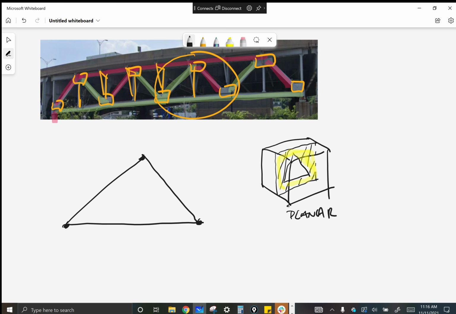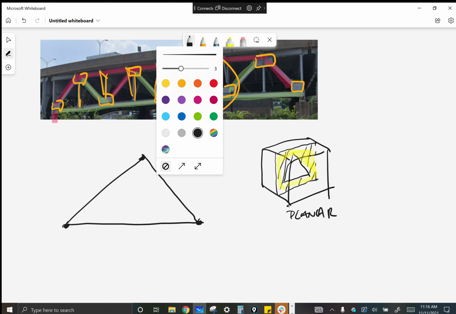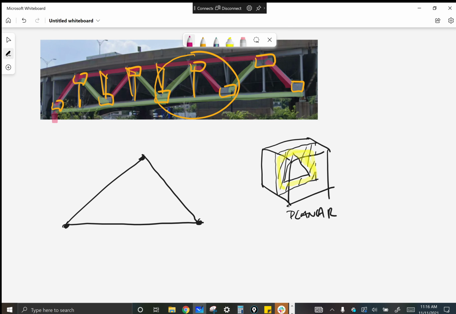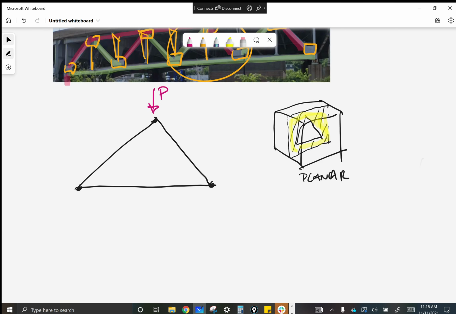Why do we do that? Why do we say it needs to be in a plane? Because if we can tell ourselves that we're going to constrain our geometry to a plane in the real world, then when we load this, there's nowhere for that load to go except through the centroid of the member, because the member is only a centroid. It's one point thick, right? It's in a plane. That makes statics so much simpler if we can just say we're not dealing with all this bracing. We're just saying what happens in a plane. Then we can go a long way.